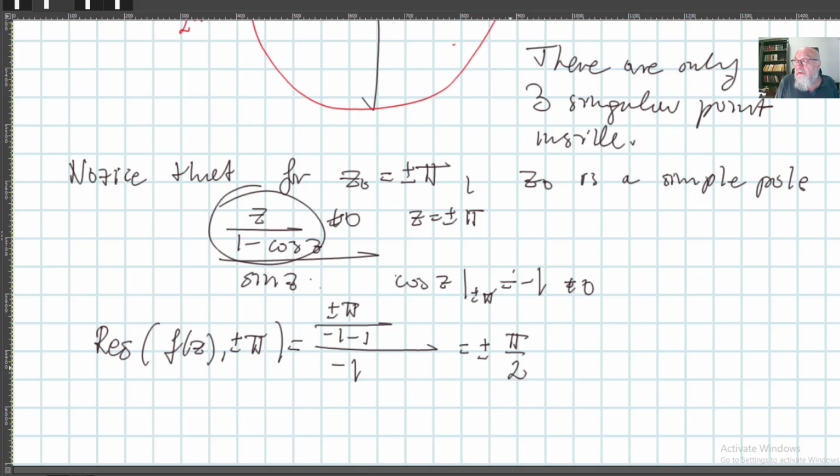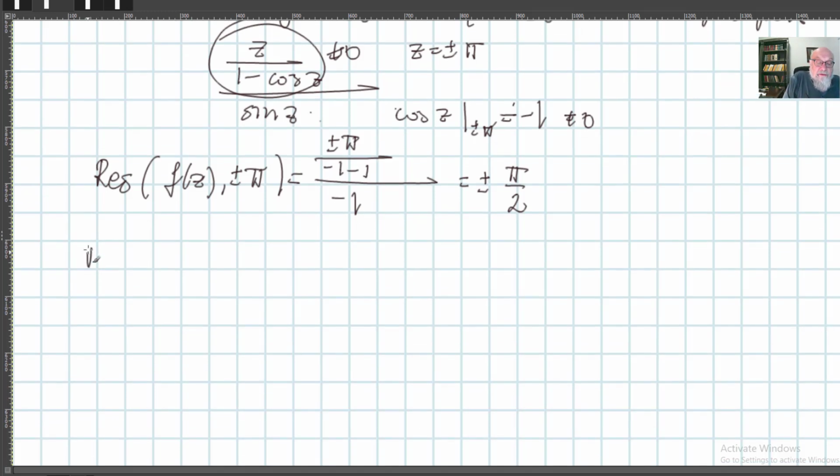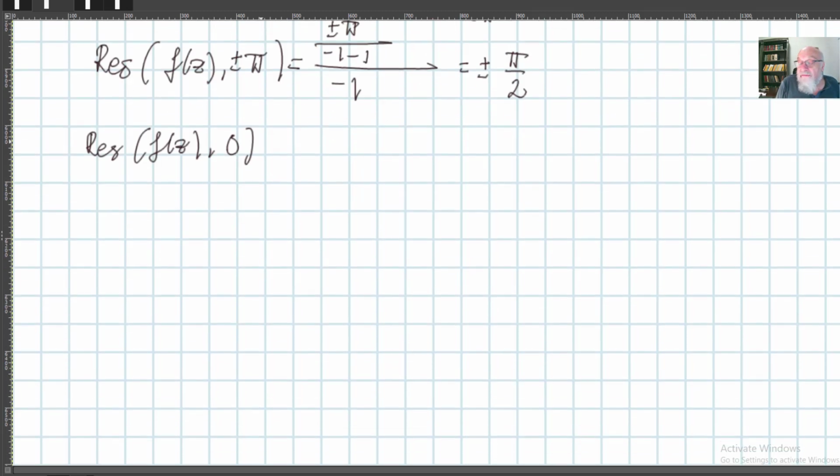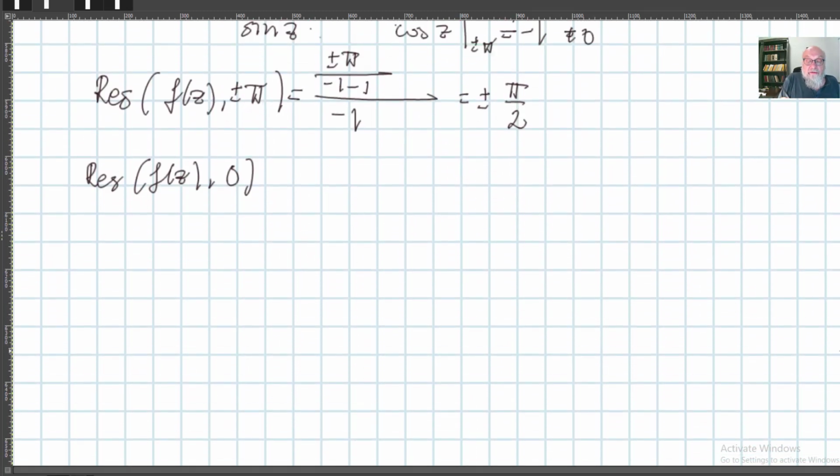That's the easy part, and now we need to compute the residue of the function f of z at 0, and here we have a little surprise. This is kind of an ugly pole. Let me write it down. Our function f of z is equal to z divided by sine of z times 1 minus cosine of z.